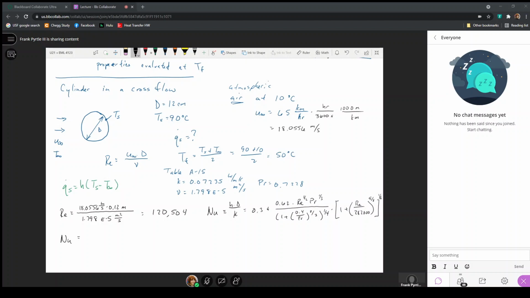So here, this Nusselt number, I have to plug a lot into this calculator: 0.3 plus 0.62 times the Reynolds number of 120,504 raised to the 1/2, the Prandtl number of 0.7228 to the 1/3, over 1 plus 0.4 over 0.7228 to the 2/3, this entire quantity to the 1/4, times 1 plus the Reynolds number again of 120,504 over 282,000 to the 5/8 to the 1/4.